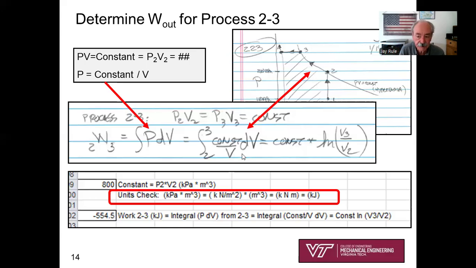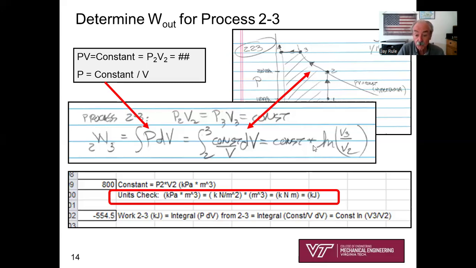The integral of dV over V is the natural log of V. So I've got the natural log of V3 minus the natural log of V2. Oh, I didn't write that down, did I? That's because I've done this so many times. I remember that the natural log of V3 minus the natural log of V2 is simply the natural log of V3 over V2. I learned that in high school.